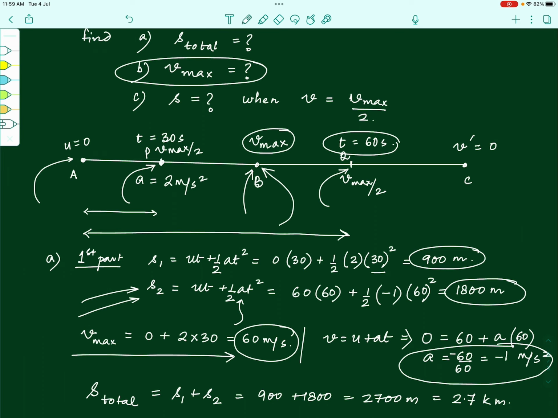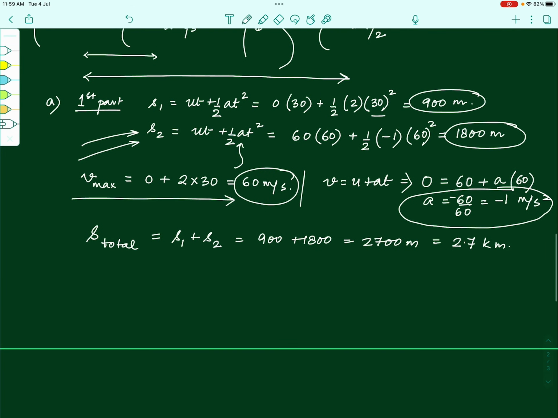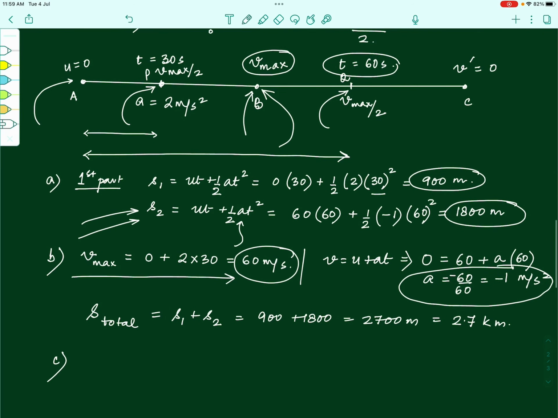Now let us directly go to the third part of the question, which is to find out the positions where the velocity of the train is half of its maximum velocity. So let's do the C part now. This is the answer for the B part, V max. For the C part, we know now that V max is 60 meters per second, right?